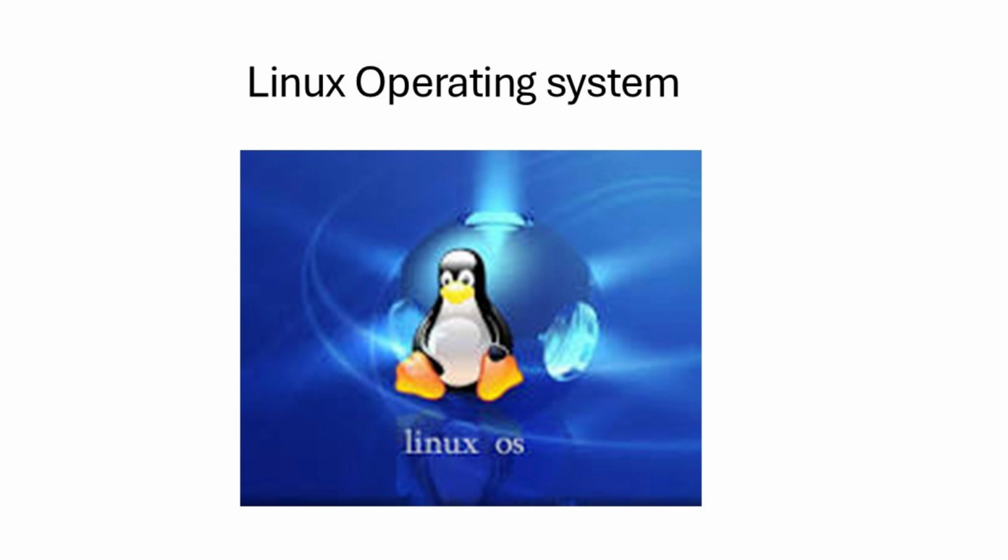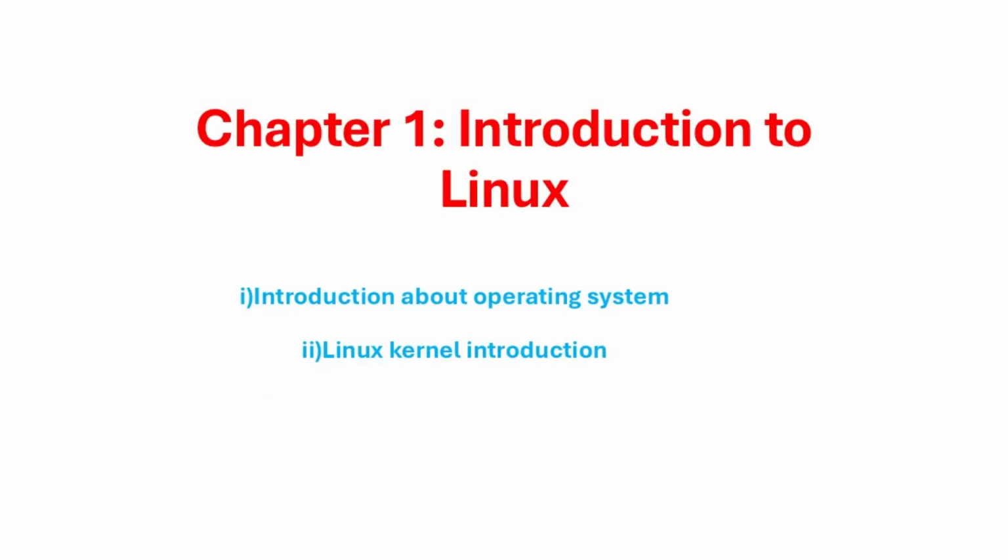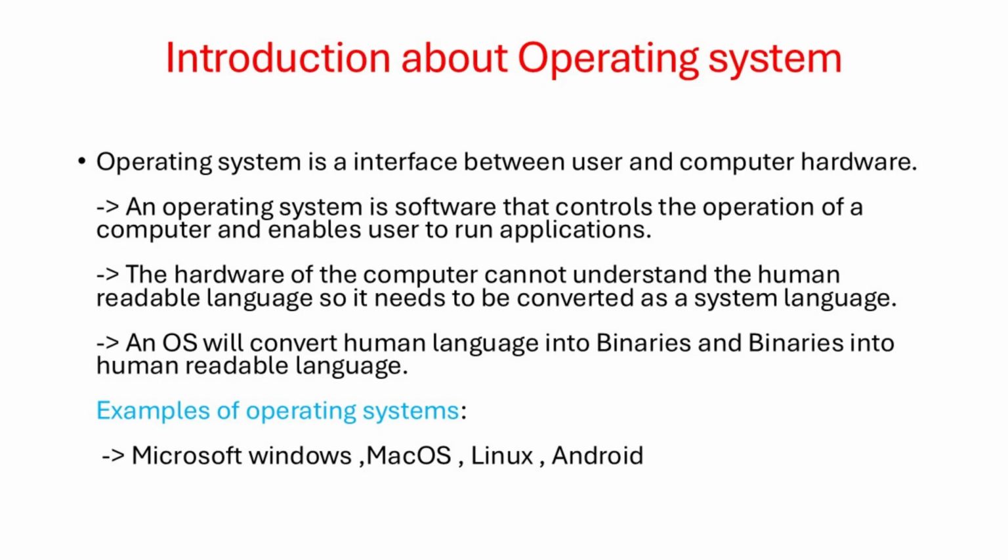First, we will see about operating systems. What is an operating system? An operating system is an interface between the user and computer hardware. Computer hardware cannot understand human readable language, so the operating system acts as the interface.